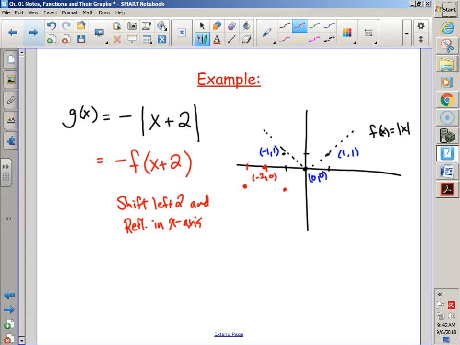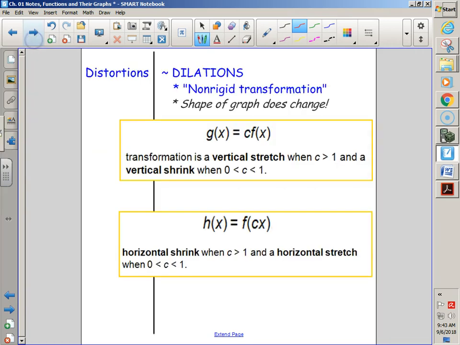But negative 1 minus 2, negative 3, needs to flip the y. And this one, minus 2, needs to flip the y. There are ways of actually mathematically doing the transformations to the x's and to the y's, which can make things a little bit easier with hard graphs.